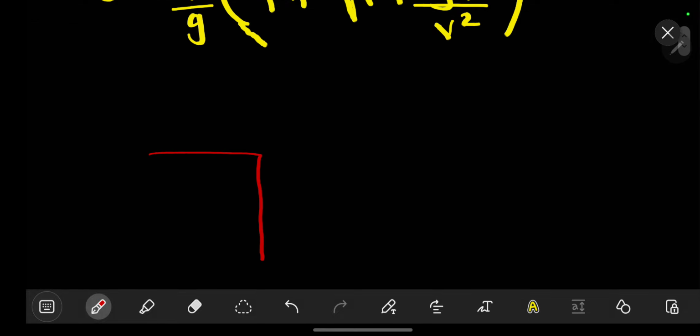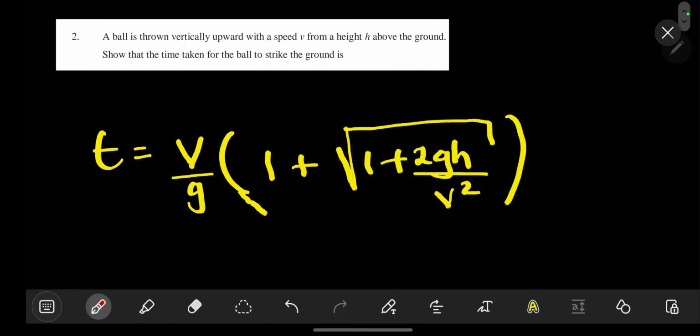So let's imagine that we have a building, something like this. Then a ball is thrown. Now remember here, what is very important is for us to know what we are going to be calling the coordinate axis. The coordinate axis tells you what you are going to be taking to be positive and what negative.